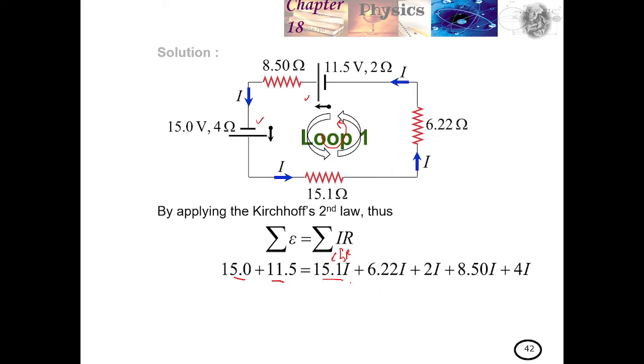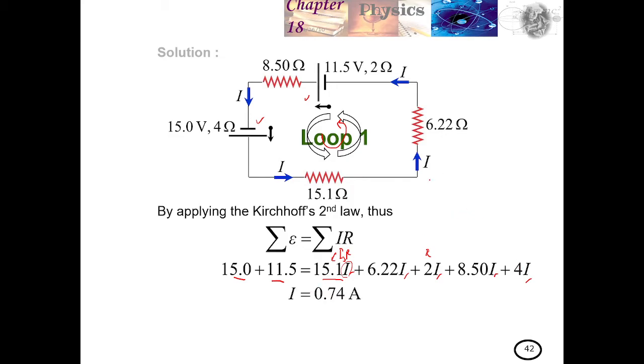We only have one value of I because there is no junction in this example. So 15.1 I, 6.22 I, 2 I, which are the values of the resistors, 8.50 I and 4 I.